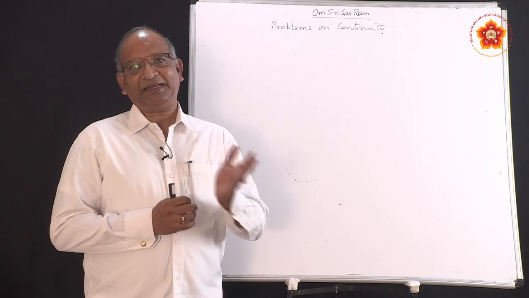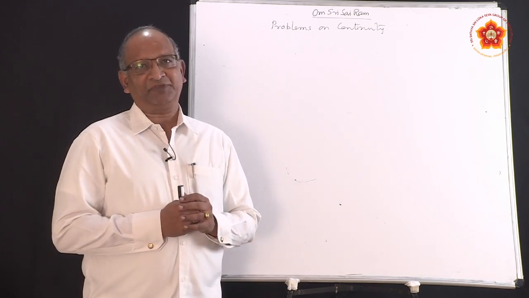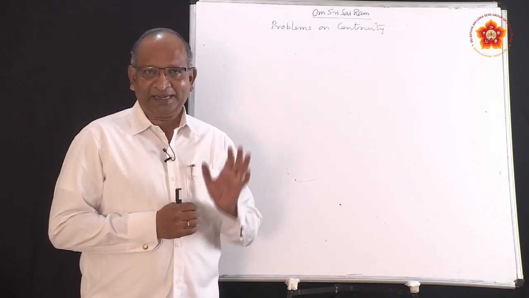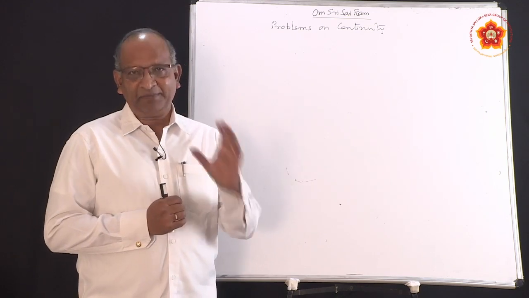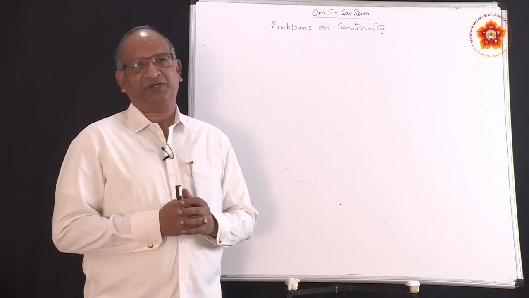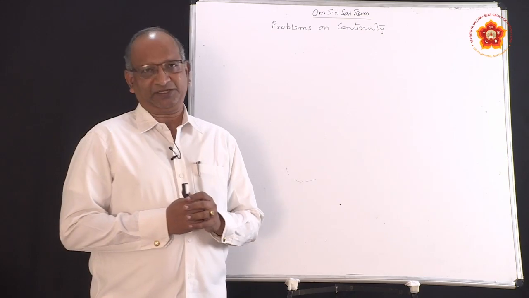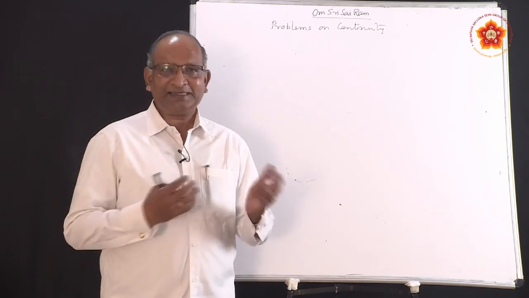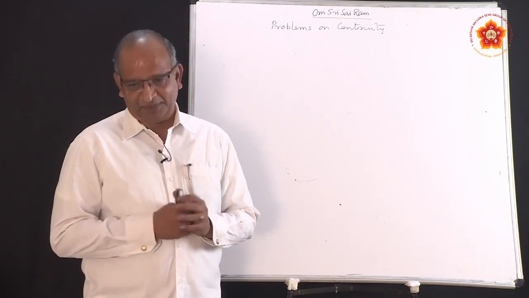If the left hand limit is equal to the right hand limit of the function, we say the limit exists, and that limit should be equal to the value of the function. So basically two conditions. So let us apply them in solving problems.